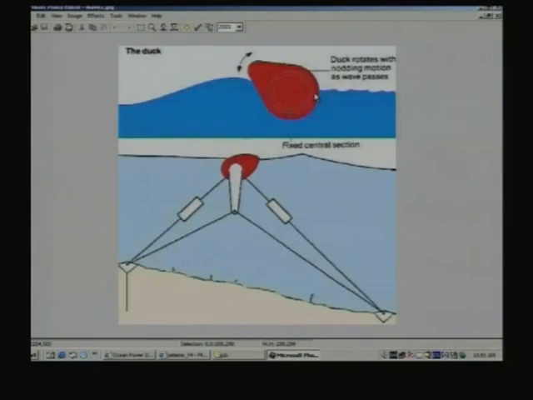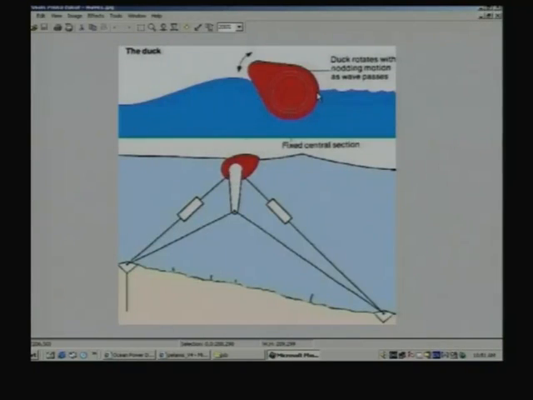Now, this idea, as I told you, was first invented by Professor Salter at the University of Edinburgh, and it was actually installed on the Edinburgh coast, and that place happens to be reasonably windy, and the wave height is quite large, but actually it has been found that the wave power is more towards the west coast of Scotland, and so some of these devices have been installed on the west coast of Scotland.